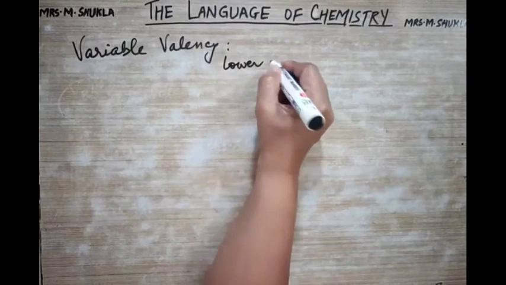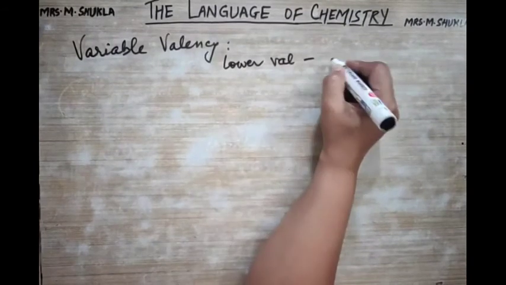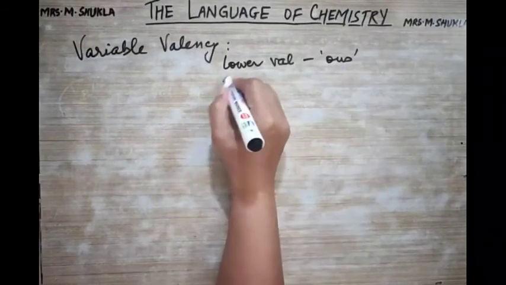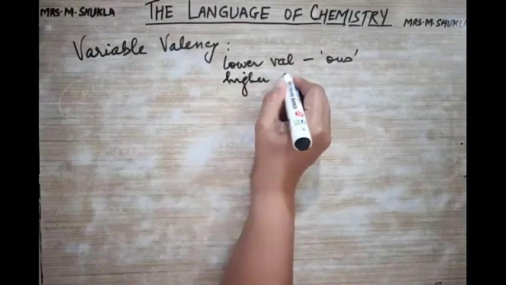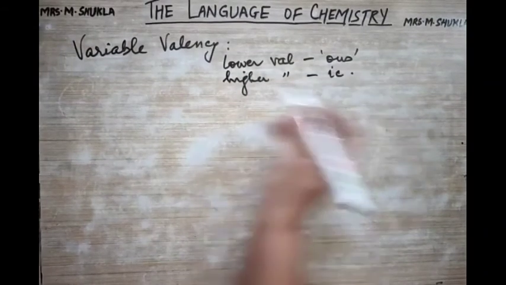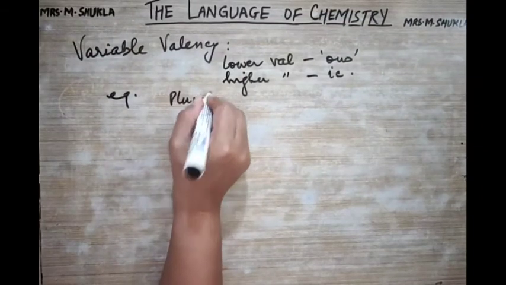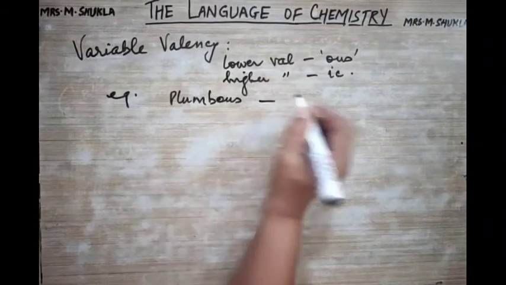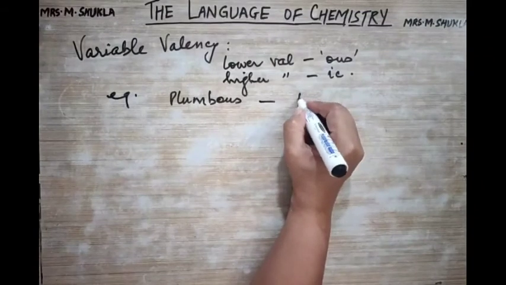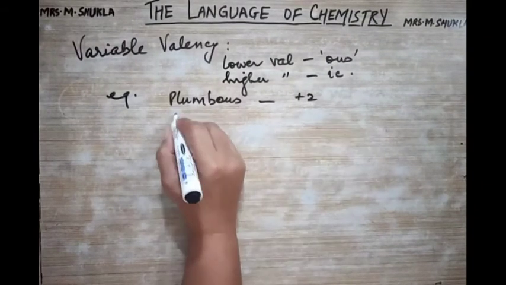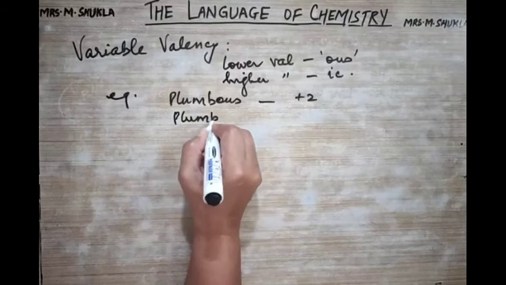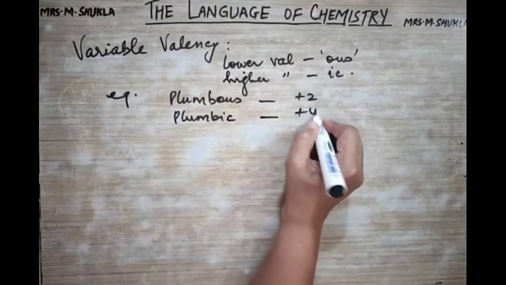Lower valency, they are ous. Higher valency, they are ic. Let's take few examples like plumbous. What is the valency of plumbous? +2. Plumbic, +4.